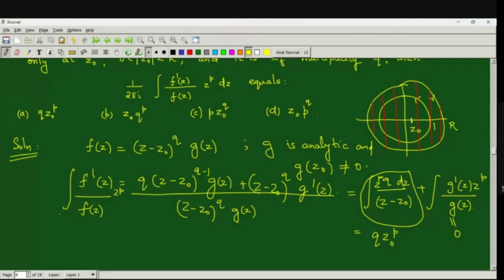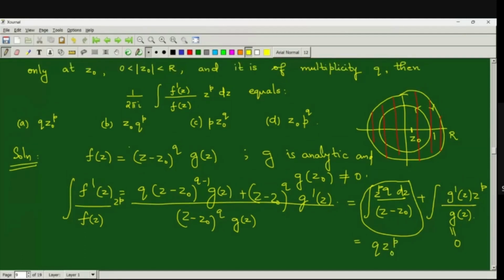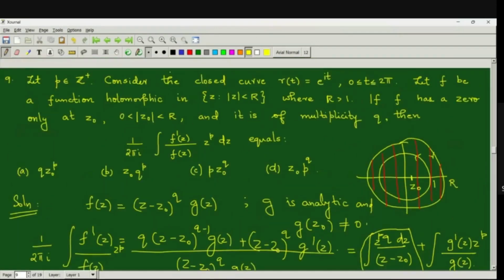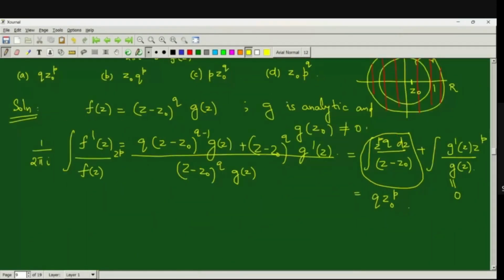Now in the question they have 1 by 2 pi i, and Cauchy's integral formula has 2 pi i times the function's value at z naught, so the 2 pi i cancels.